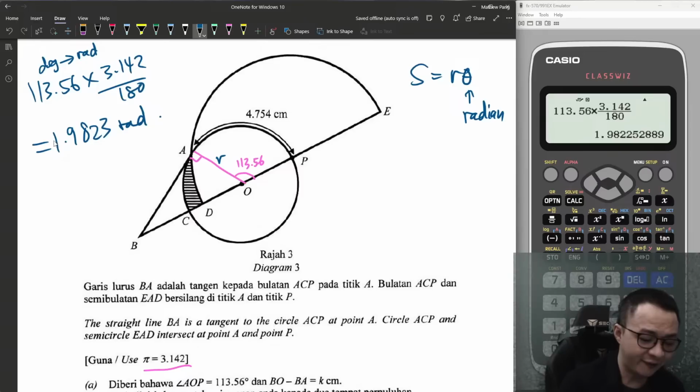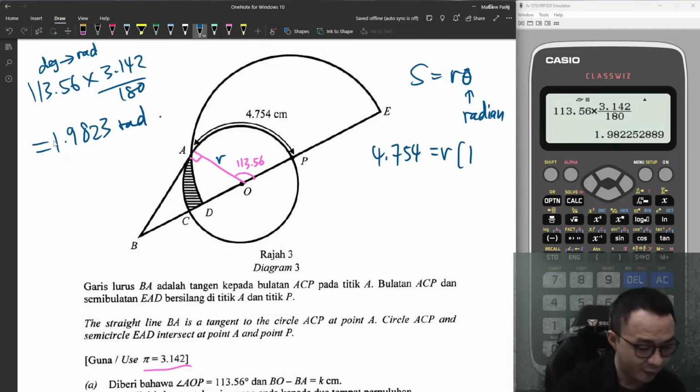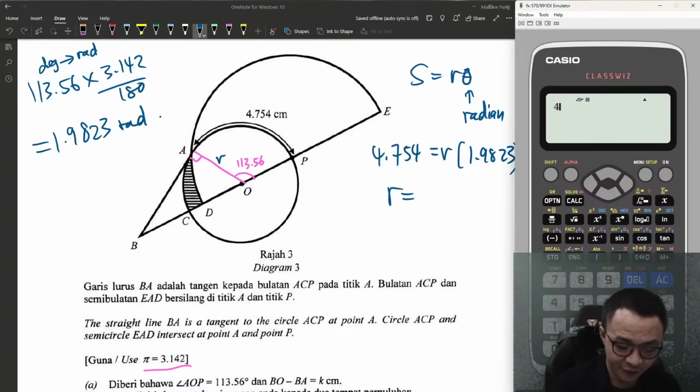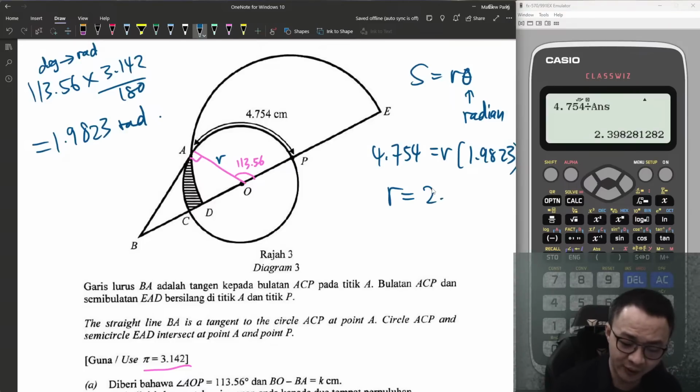Okay, now I can get my R. My S is 4.754, which equals R times 1.9823. Then I can get my R by dividing 4.754 by my answer. So I should get something like 2.398.